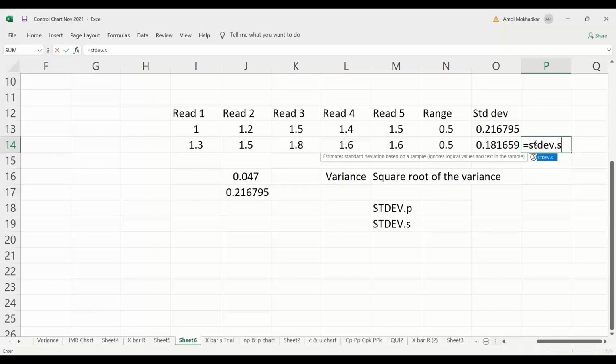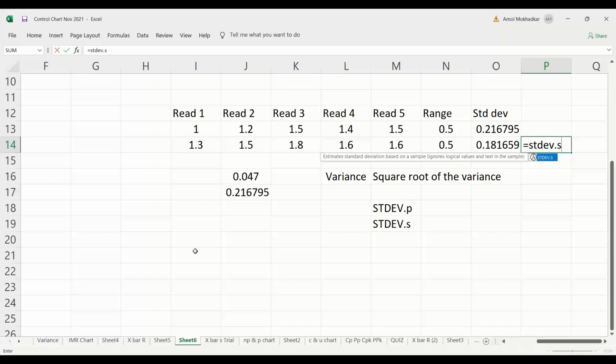It is STDEV.S, because you are not taking the data of the entire population. These 5 samples are taken from the set of data. For example, in 1 hour you have just taken 5 readings, and you say these 5 readings are representative of that 1 hour data, but actually you have not taken every data of that 1 hour.